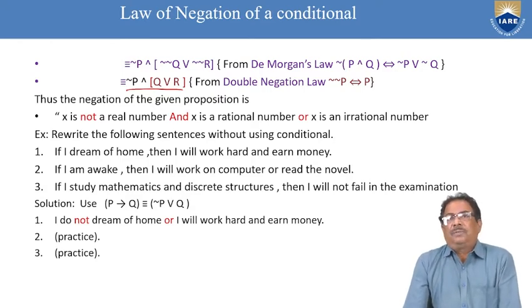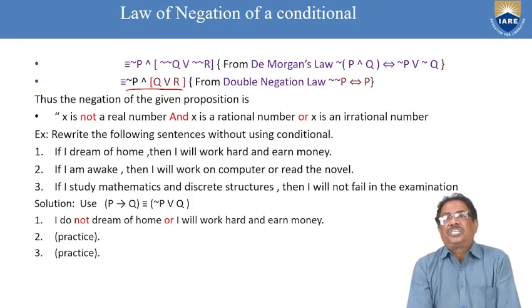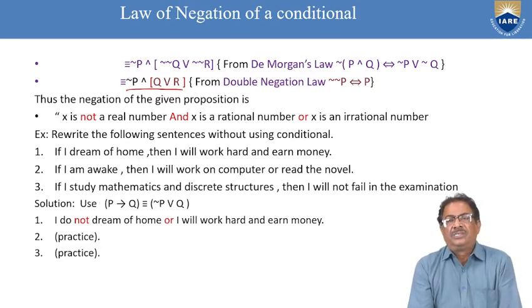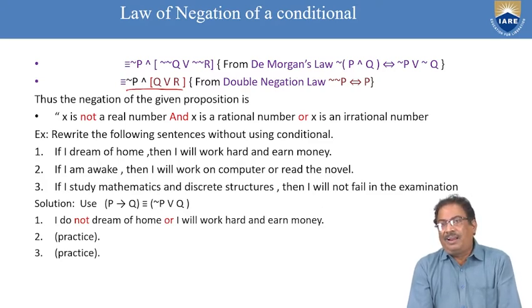So whenever you are going to take the negation of a given statement represented in the English language, it is better to convert it into symbolic form, then apply the negation and convert to its equivalent form, then write it in a sentence.